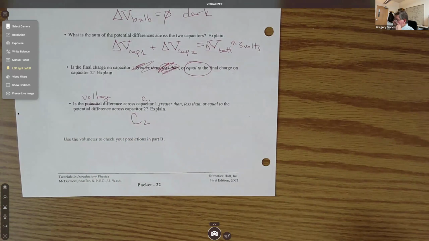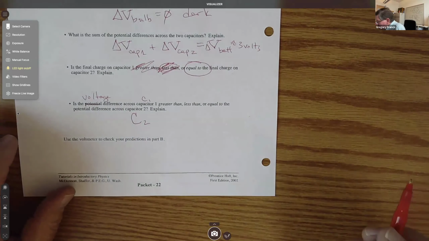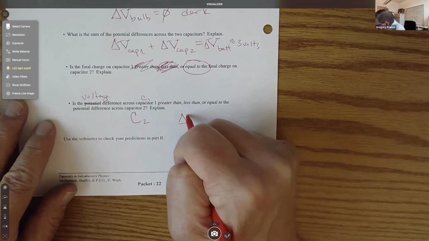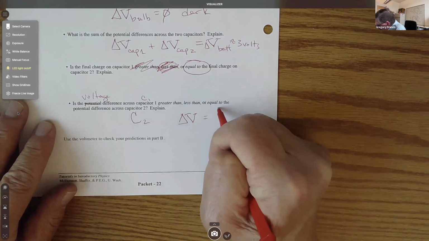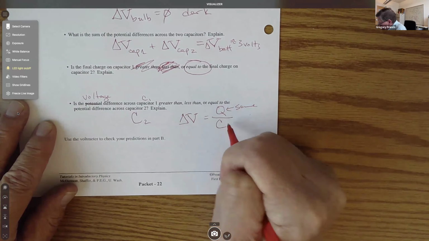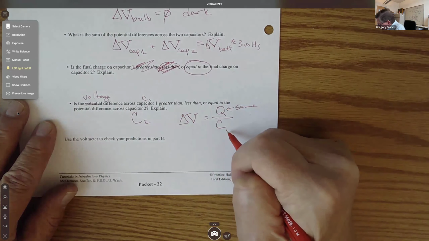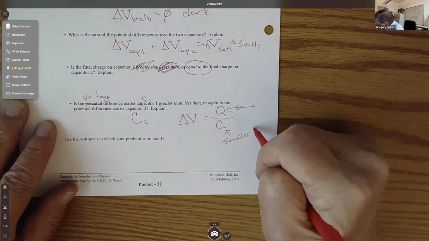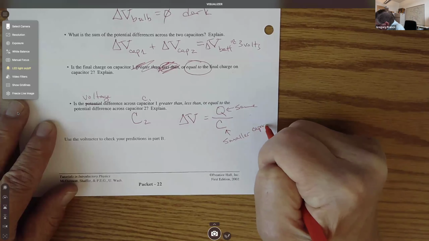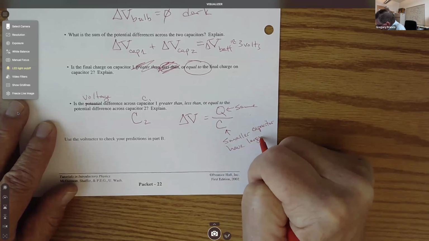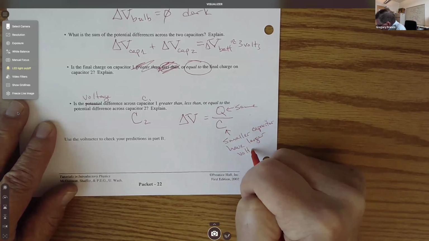Well, if they have to have the same charge, and so if I look at the voltage difference, that's going to be the charge, and that's going to be the same, divided by C. And so the smaller capacitance will have the larger voltage across it.